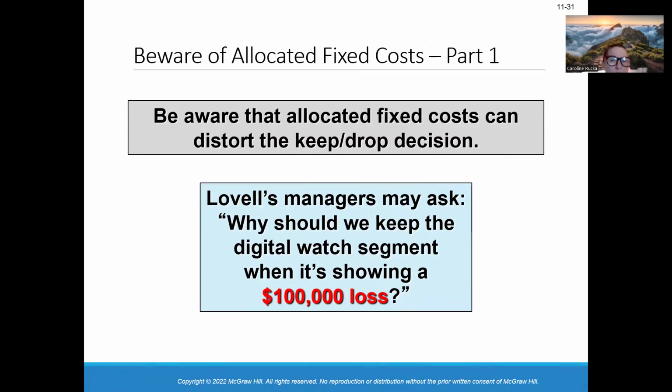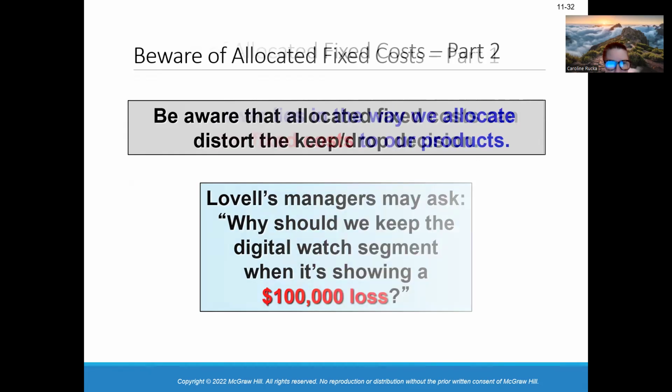The reason why this is happening is because of those allocated costs. We're stuck with those costs whether we keep this segment or not. It throws off your decision making if you're not keeping a sharp eye out for which costs are avoidable and which are not.